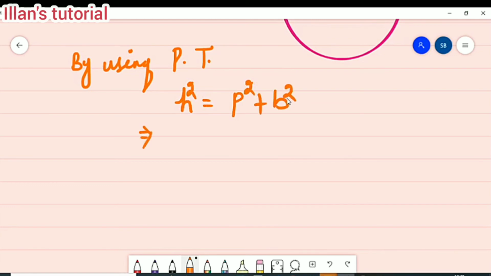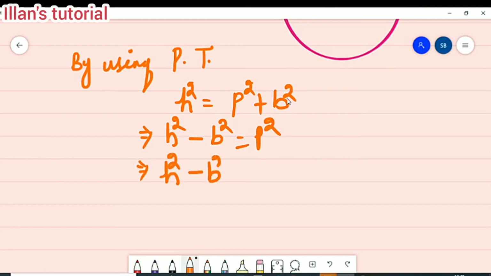So h square minus b square equals p square, so p equals the whole square root of h square minus b square.